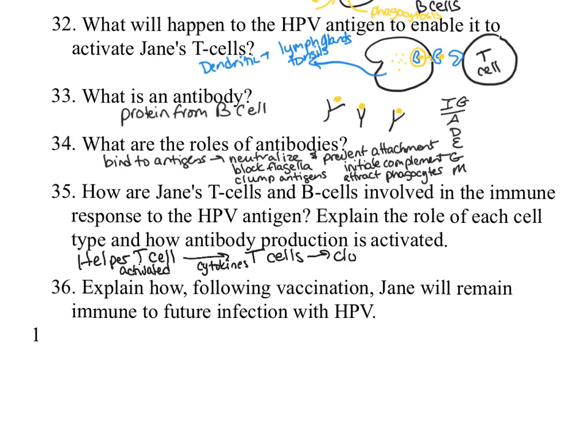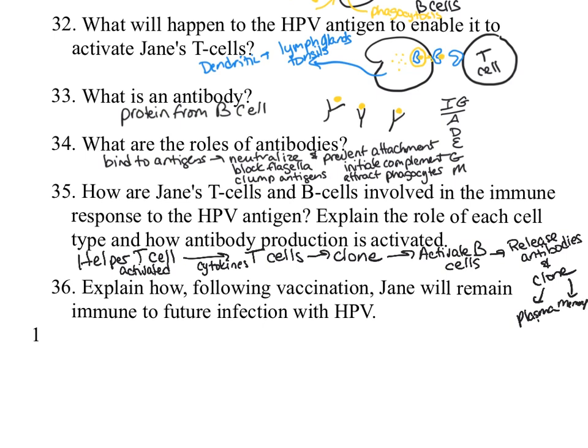Activated helper T cells then can bind to and activate antigen-presenting B cells using the T cell receptor. This interaction releases interleukin-4 and 6, which cause the B cells to release IgM and undergo cloning. The cloning of these B cells leads to differentiation into plasma cells and memory B cells. The cloned plasma cells then produce antibodies to the HPV antigen.